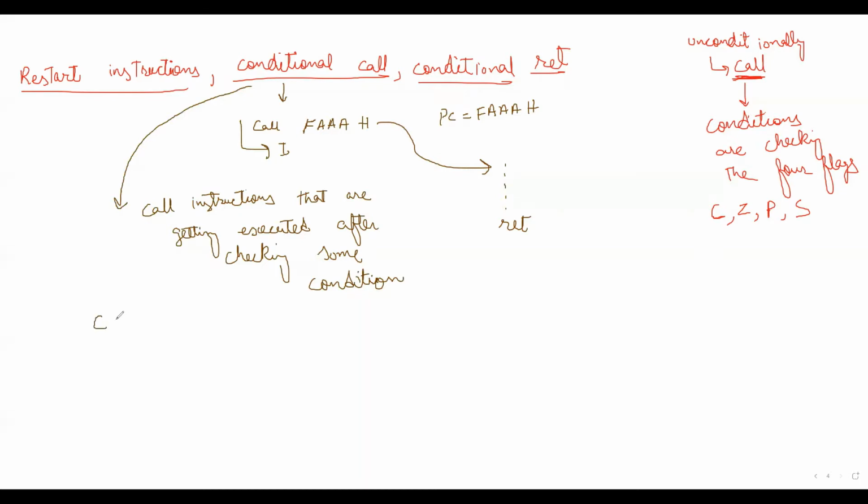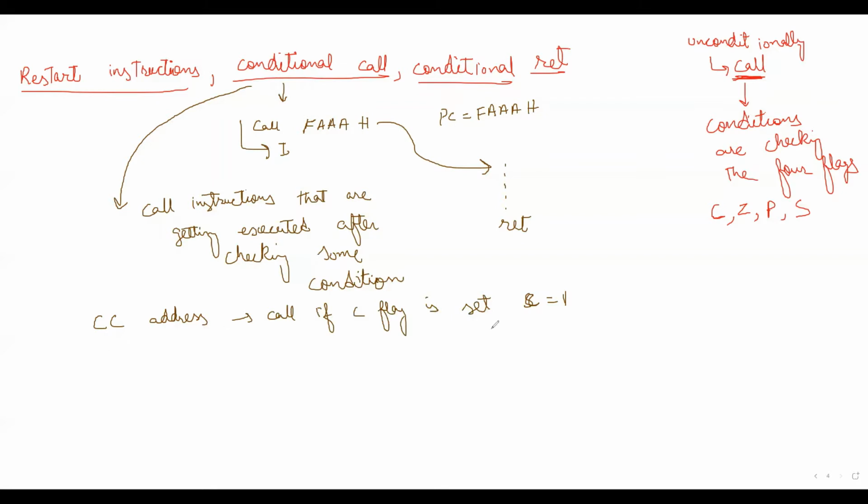One is CC address. What is this instruction doing? It is a call instruction, saying call if carry flag is set, so that means C is equal to 1. If we have an instruction like this in our program, it will go to this particular address only if the carry flag is set. However, if the carry flag is 0, it won't execute this instruction. It will directly go to the next instruction.